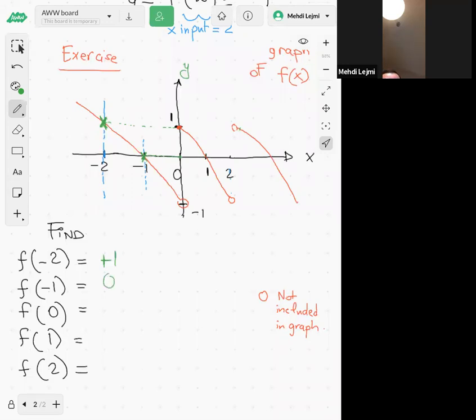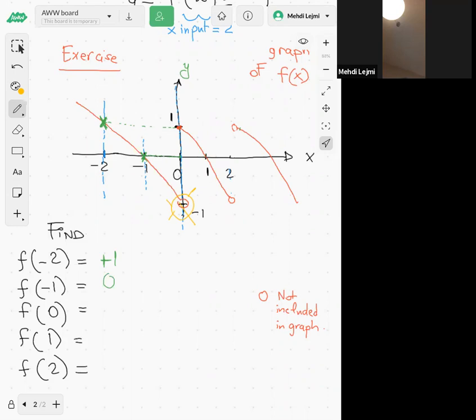Next, f of 0. Here's my vertical line. As you can see, guys, there's no intersection here, because it's an empty circle, so it's not included in the graph, so it doesn't count. So I don't really care about it.